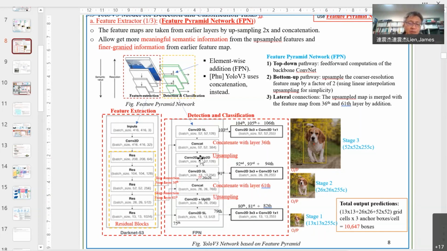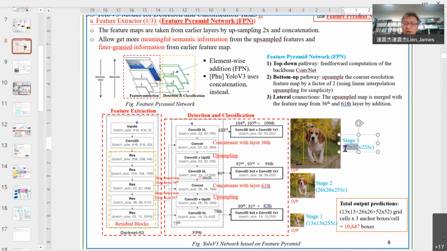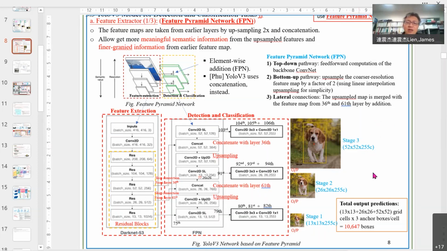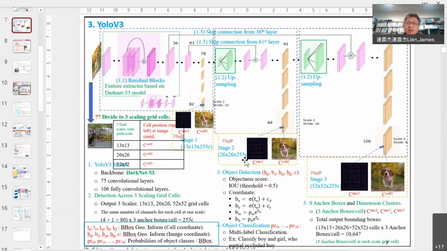The same, they do upsampling and concatenate from the lateral left side. After they concatenate together and do convolution, then output to be 52 by 52, and then do the regression for the bounding box. So this one is exactly the same as this one, just a different drawing.